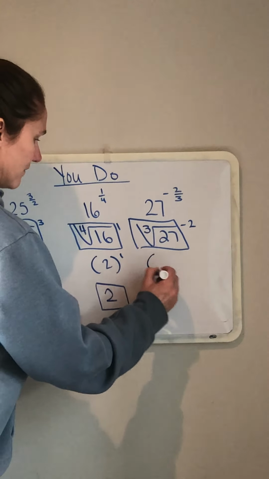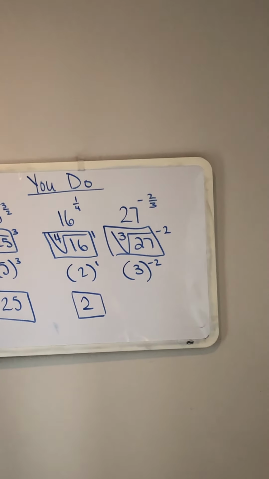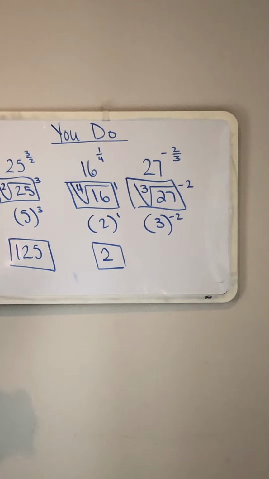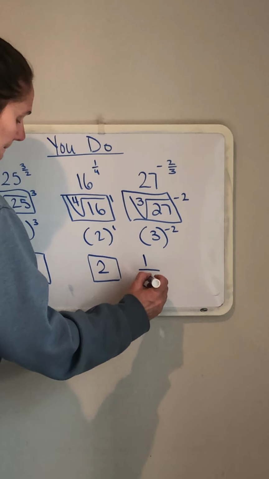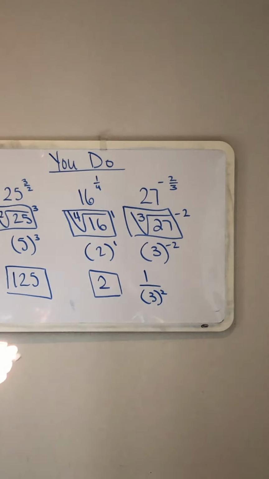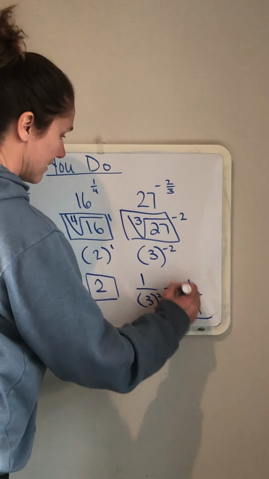So now you have 3 to the negative 2nd. Can't deal with that until you move it because of the negative power. This means 1 over 3 to the 2nd. And that means your answer is 1/9.